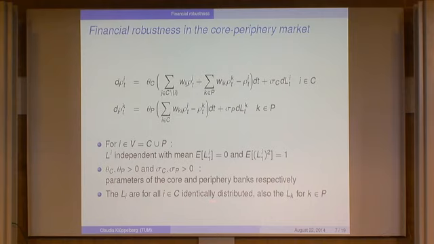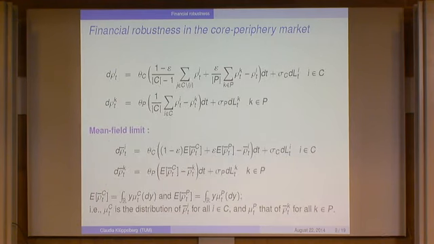And then the Li are all identically distributed for all I and C. And for all K and P, they are also identically distributed, but they may be different. Okay, so that is more or less our model, and now we have modeled how the interaction works, and now we have to specify the W's.